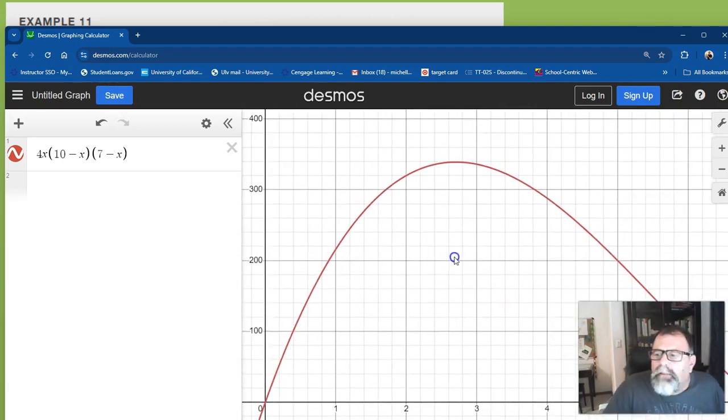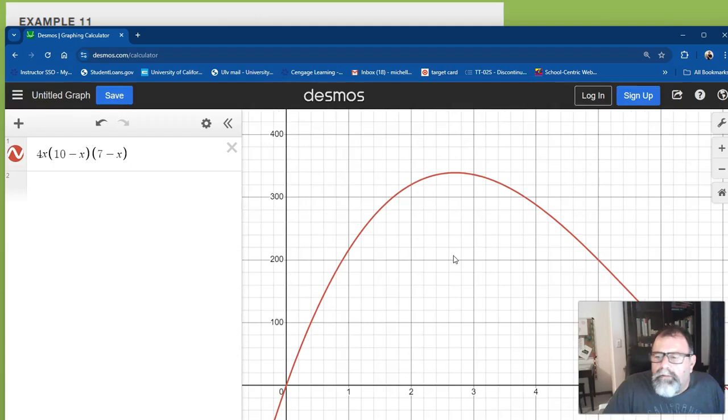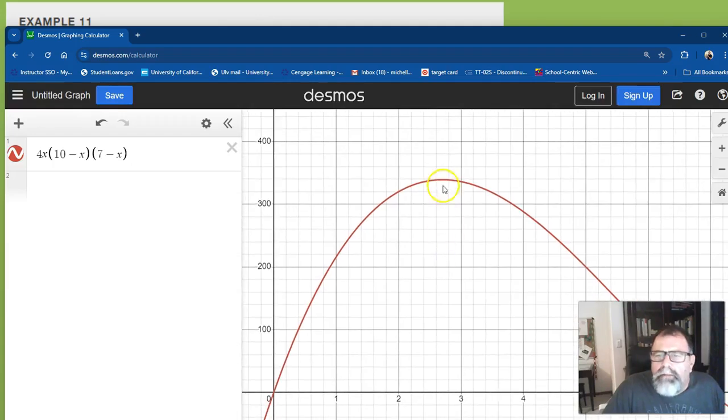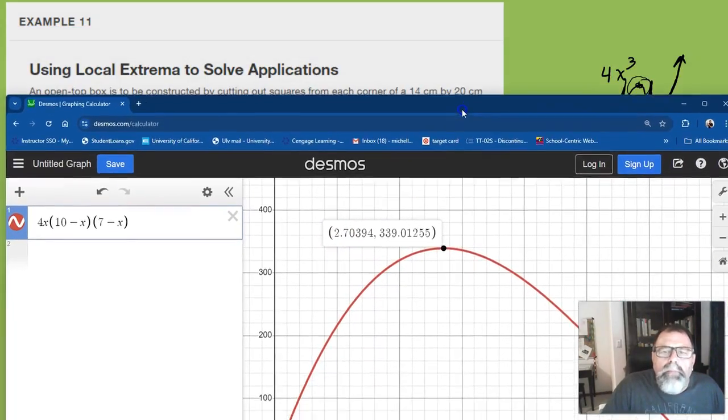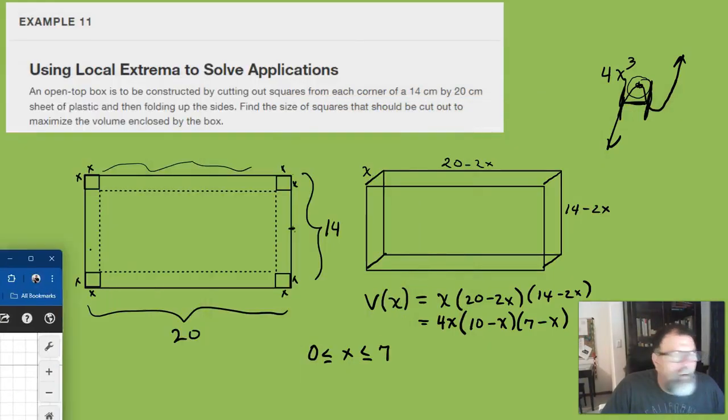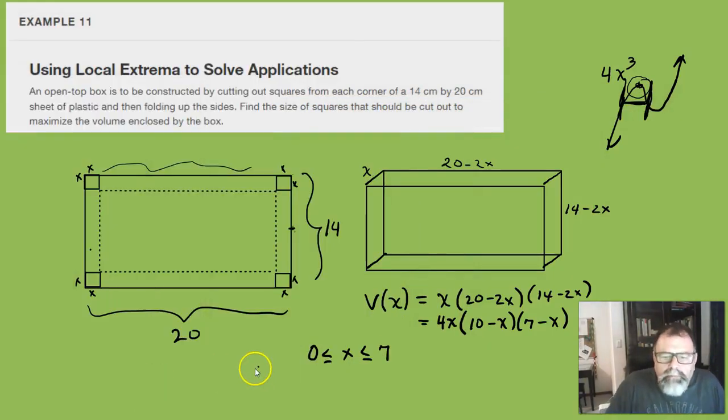And you can see that that portion of the graph from 0 to 7 has a maximum at about 2.7, and it's 339 for the volume. So our max value would be to cut that square 2.7, were these inches or centimeters? Centimeters. 2.7 centimeters on each side. So we're going to say x has to equal 2.7 centimeters.